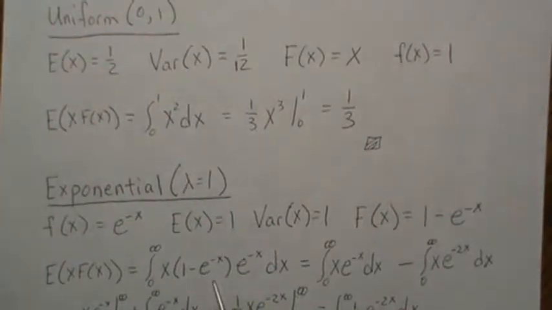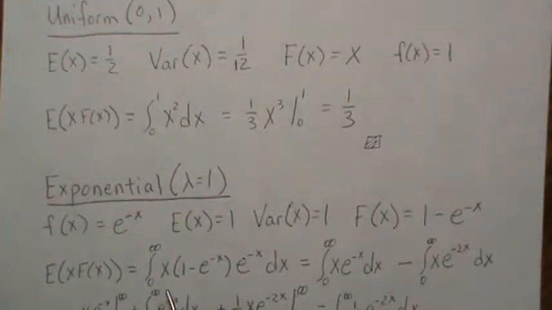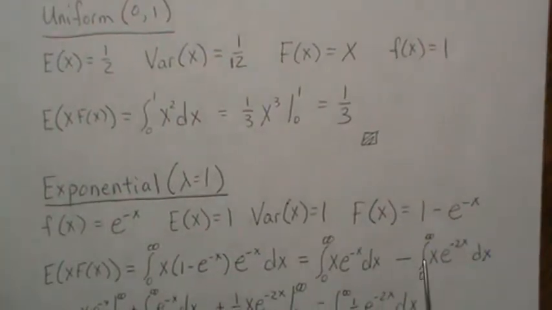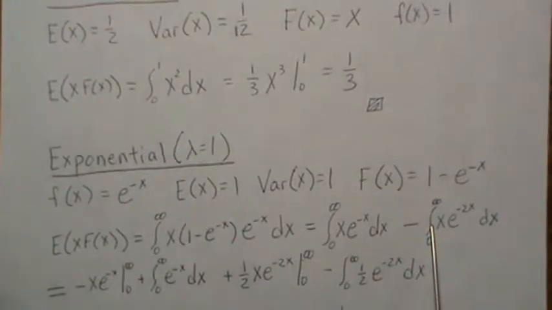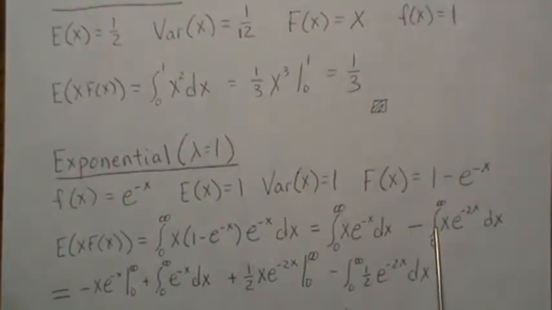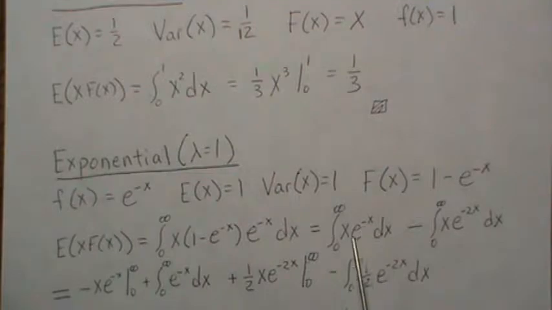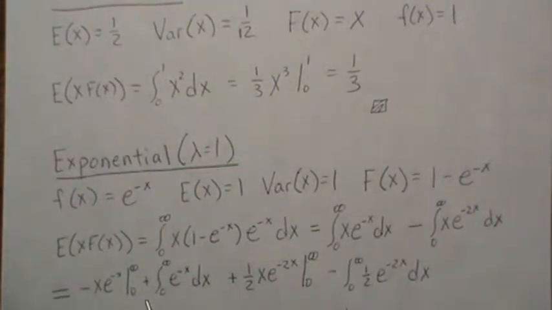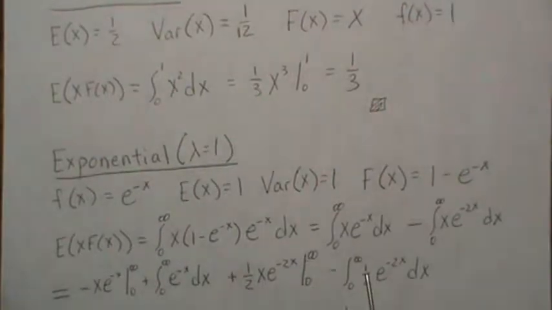So there's x, there's the CDF, and there's the PDF. Then you combine those, and we can break it apart and do 2 integrals. I do integration by parts here, which is this piece, and integration by parts for this piece.